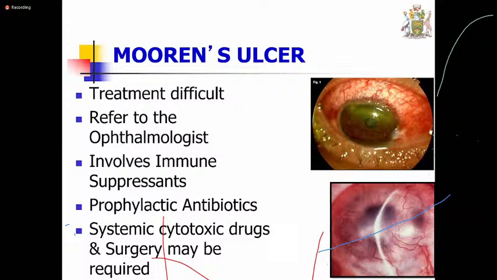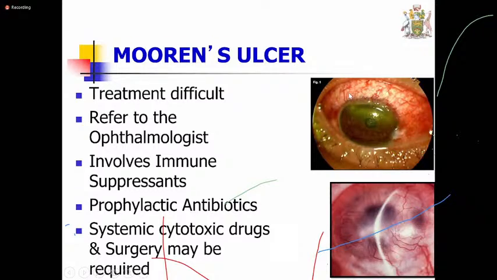It involves use of immunosuppressants, prophylactic antibiotics to prevent a superinfection, use of systemic cytotoxic drugs, and in some cases, surgery might be required. So when we do the surgery, you incise the conjunctiva, then you excise it and retract it to move it further away from the cornea, because it's thought that the blood vessels are what deliver the immune, what ends up causing the immunological reaction leading to the ulcers.